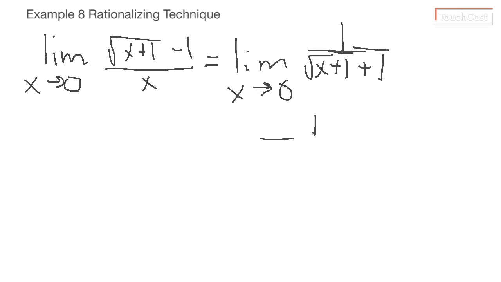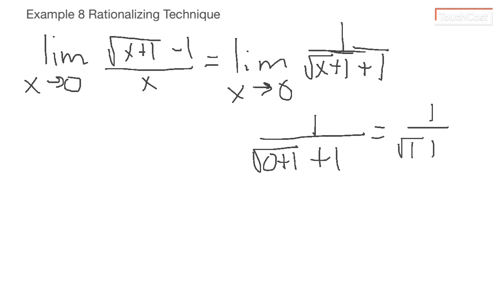We're going to have 1 over the square root of 0 plus 1 plus 1. 0 plus 1 is just 1. So we've got 1 over the square root of 1 plus 1, and the square root of 1 is 1. So we've got 1 over 1 plus 1, and 1 plus 1 is 2. So we get 1 half.